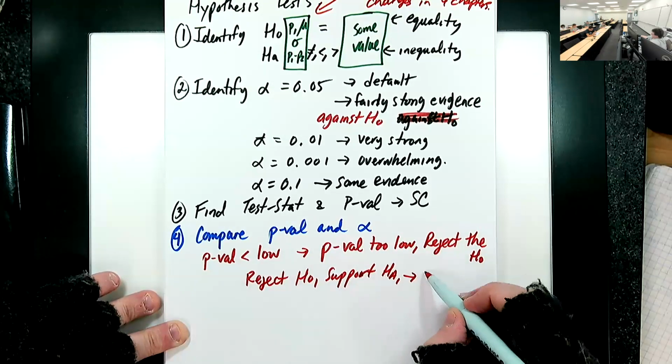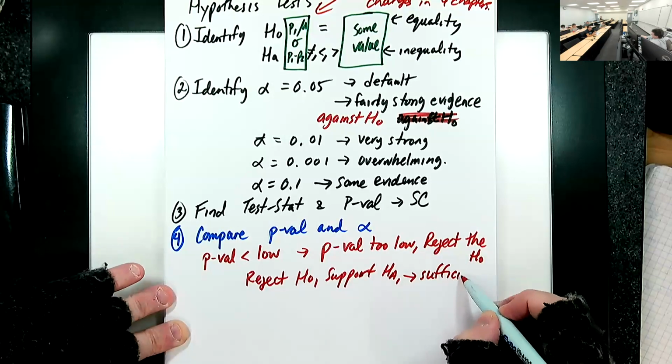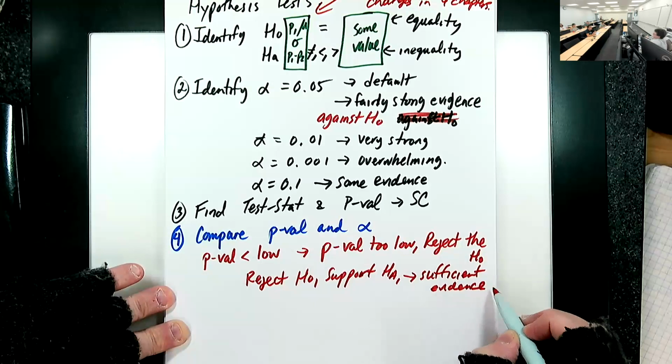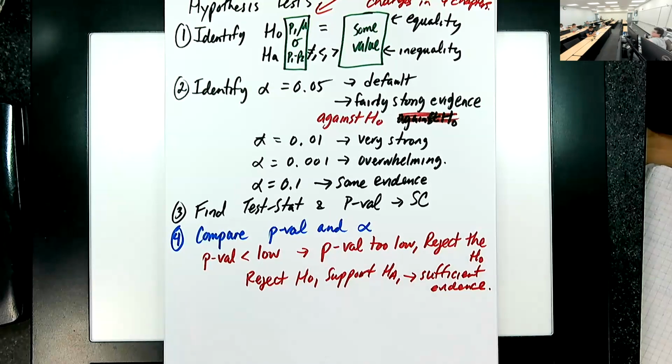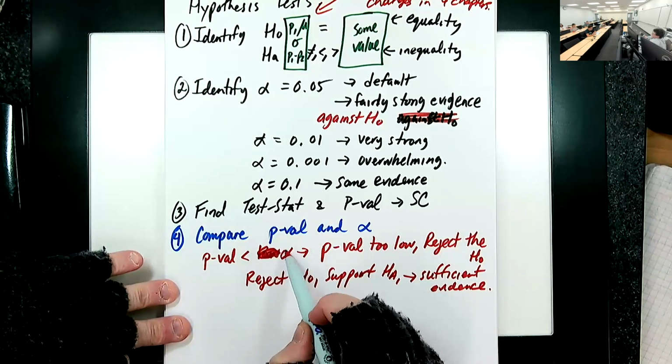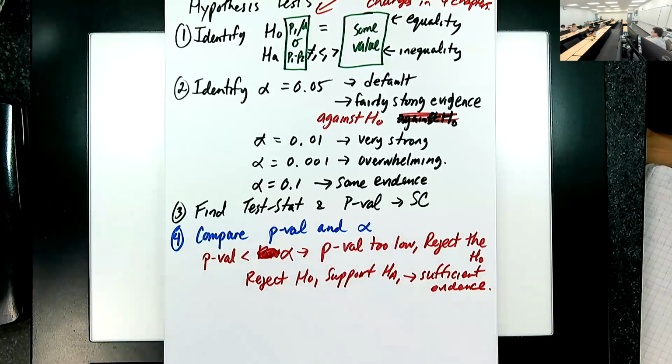And this means there's going to be sufficient evidence. That's in step 5. I wrote p-val less than low. That's wrong. P-value less than alpha. My bad.